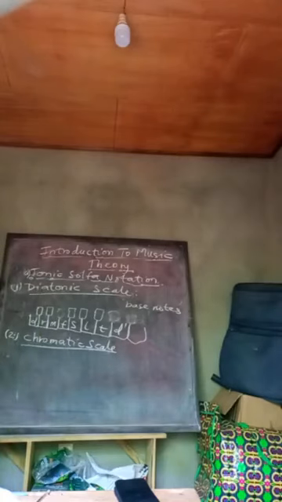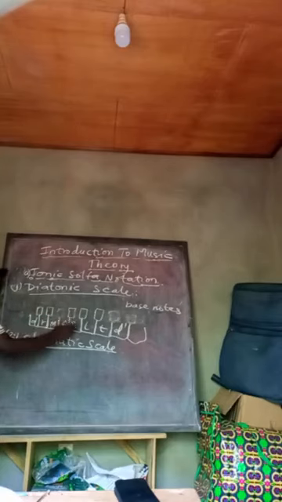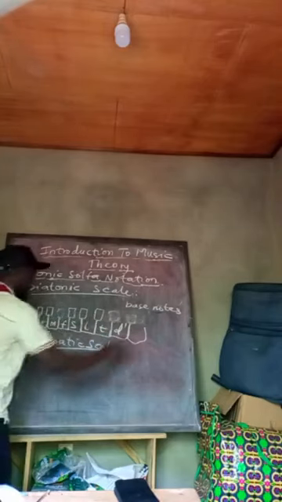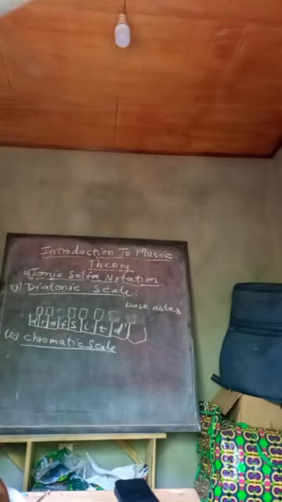Now this chromatic scale is a scale representing both the natural notes and the accidentals. Like here you have do, di, re, mi, fa, sol, si, la, ti, do. I'll explain how you come out with that.